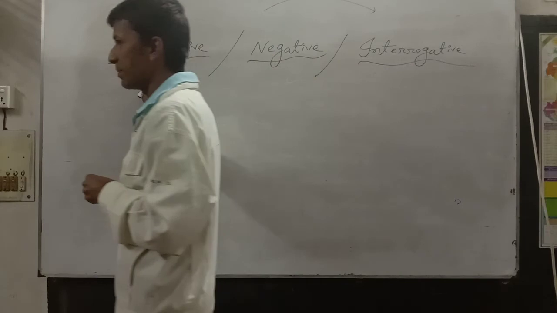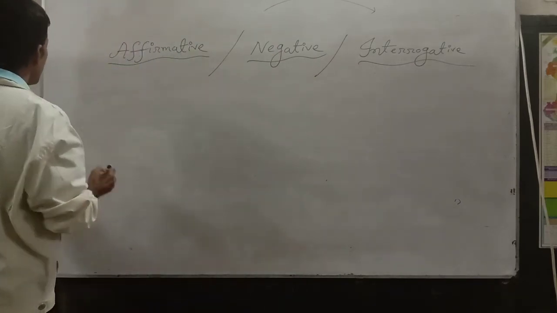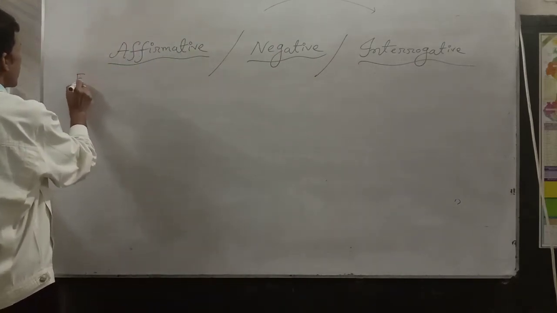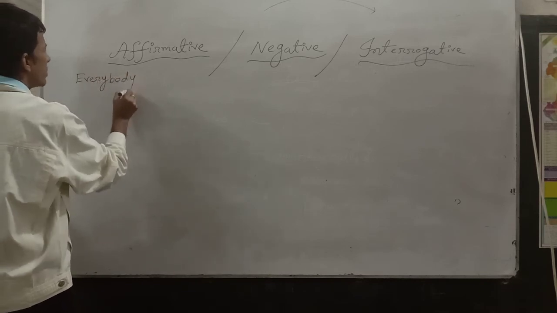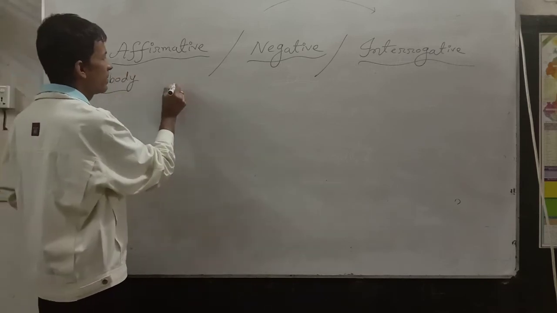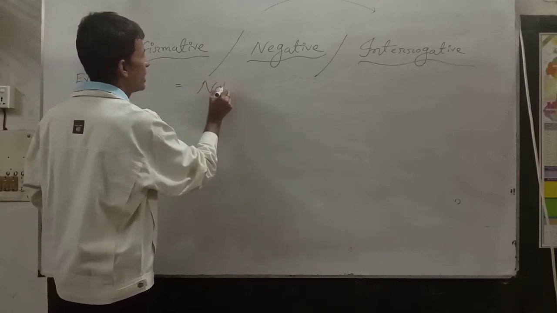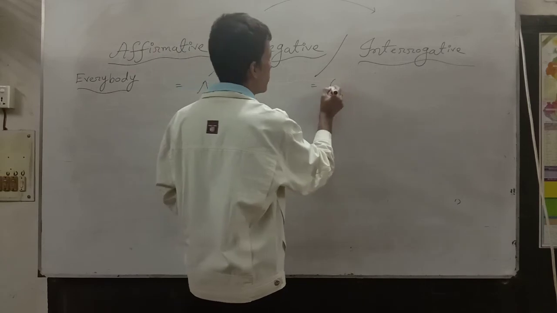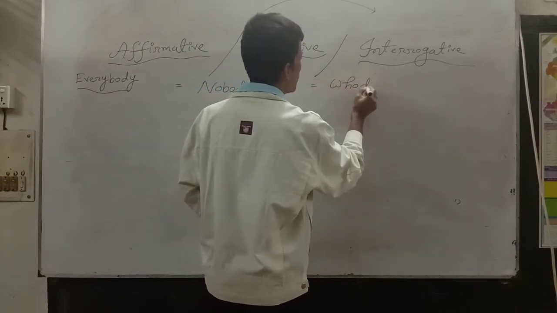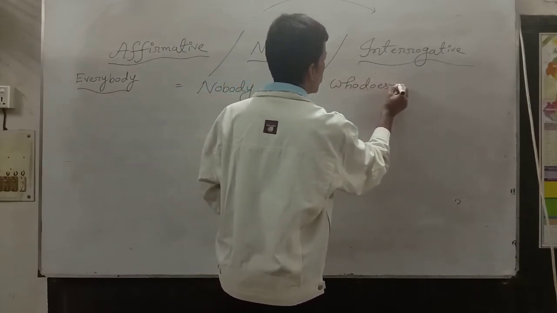Sometimes an affirmative sentence is started by writing everybody. Then in the negative sentence, you will have to write nobody. And in the interrogative part, your sentence will be started by writing who doesn't.